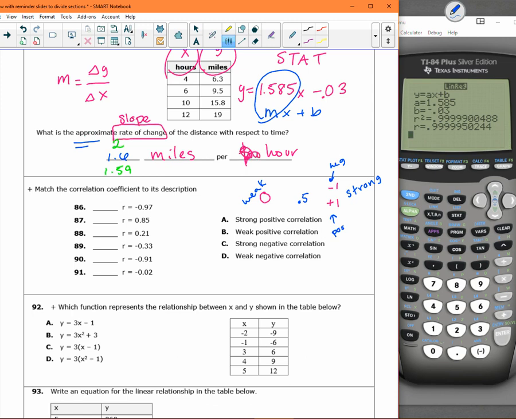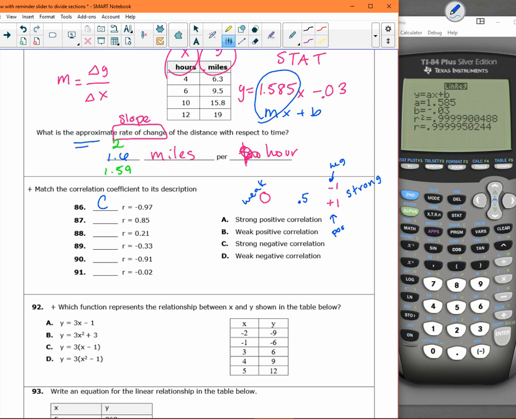So let's look. R is equal to negative 0.97. So I know it's a negative correlation, and then it's super close. It's definitely more than 0.5. So it's going to be super close to 1, which means this is going to be a strong negative correlation, or C. R equals 0.85.